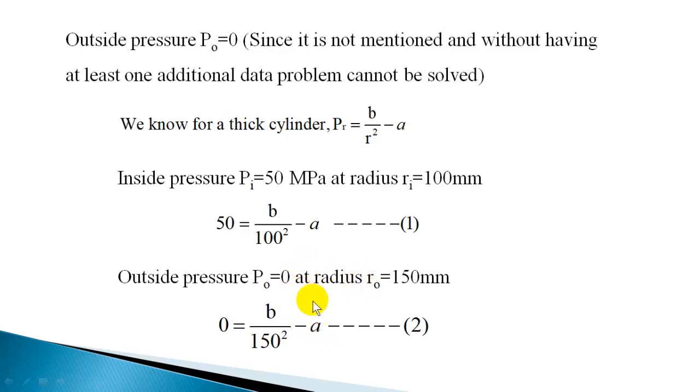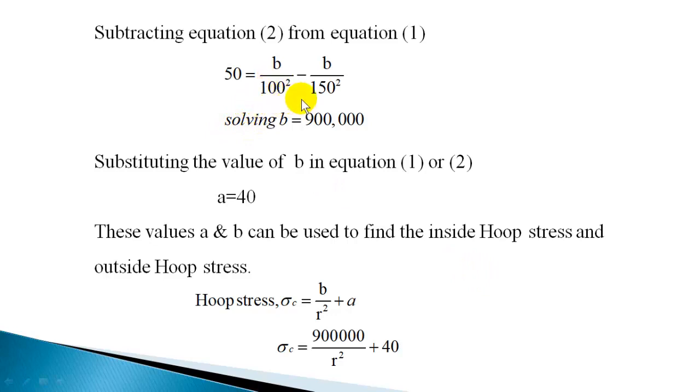You will get an expression in B. So you get 50 is equal to B by 100 square minus B by 150 square. So by solving this you get B as 900,000. So this is a constant B.